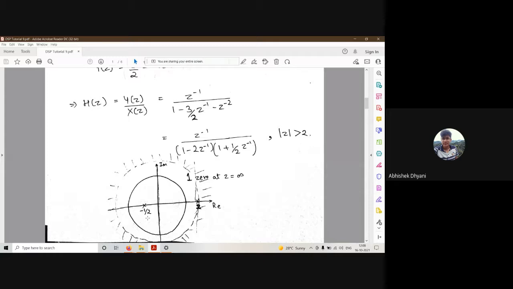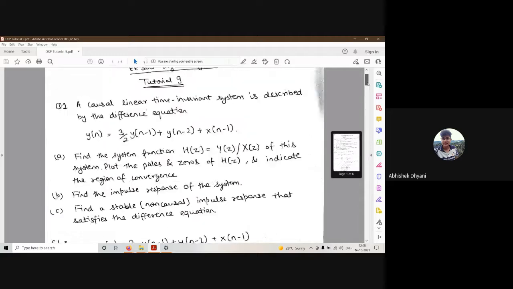There is 1 zero, because there is z^-1 in the numerator, at z equal to infinity, because at z equal to infinity the system function becomes 0. The region of convergence will be outside z equal to 2. So this was straightforward, the first part, which we have already seen before.